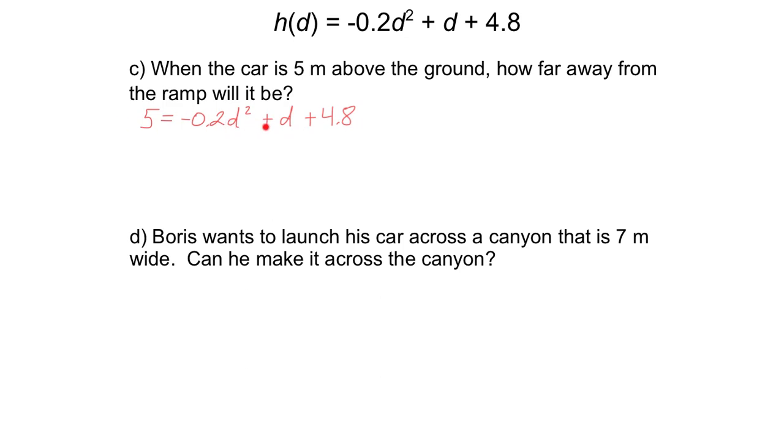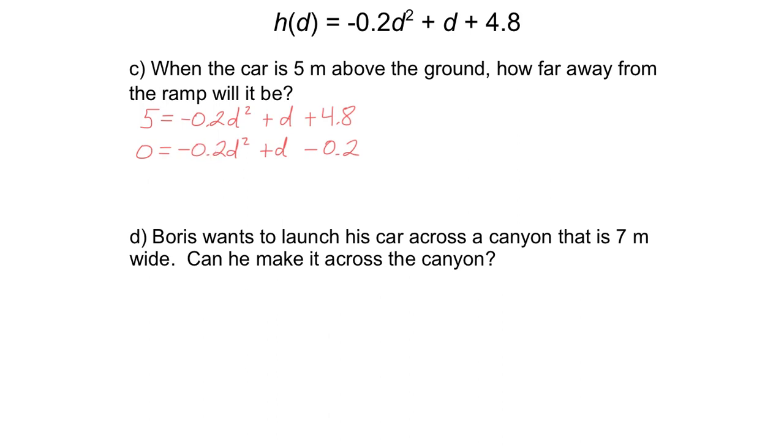This looks like I'm solving a quadratic equation, so I need to make sure my equation is equal to 0. So I'll subtract 5 from either side and I end up with this equation. I could try solving by factoring, but I don't like the looks of that 0.2. I'm not even going to attempt that.